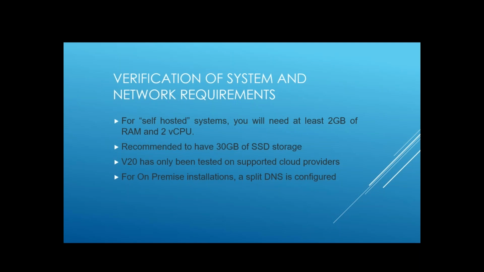For on-premise installations, a split DNS is required to be configured, essentially allowing the FQDN to resolve both externally and internally on the network. If you need any more information on that, come speak to us. I imagine there's not a huge number of people that applies to, but come speak to us and I can point you in the right direction. Equally, there are guides online on how to set that up.